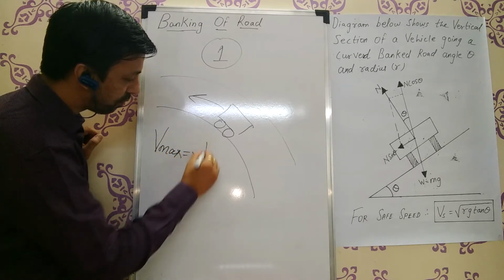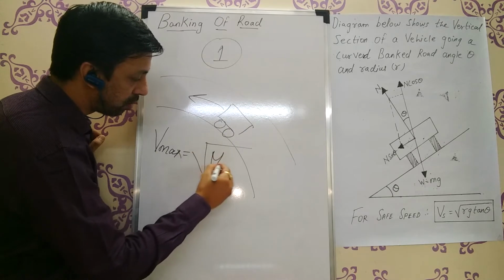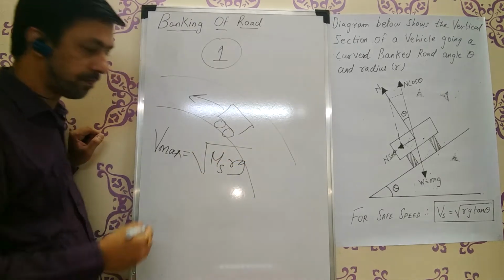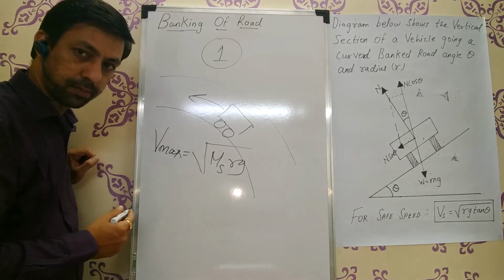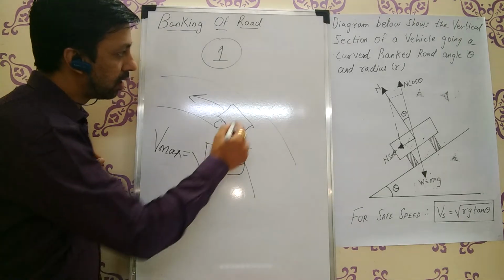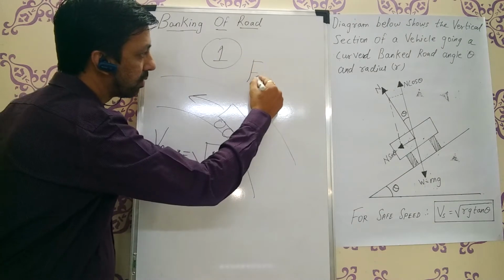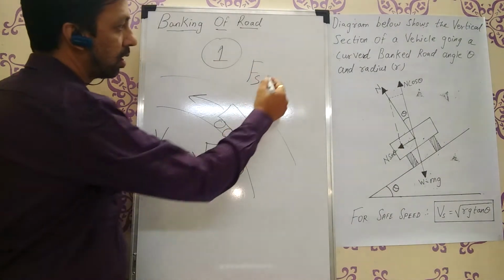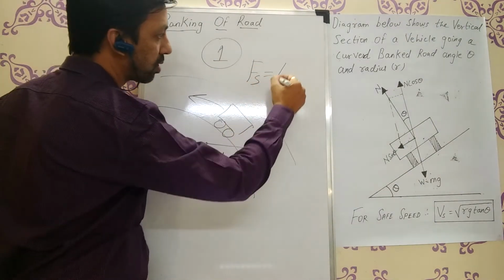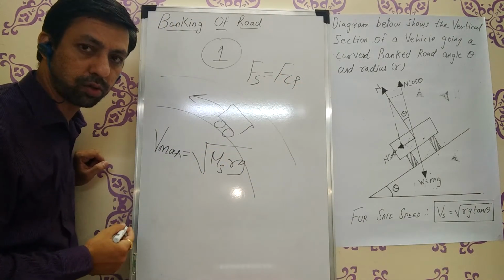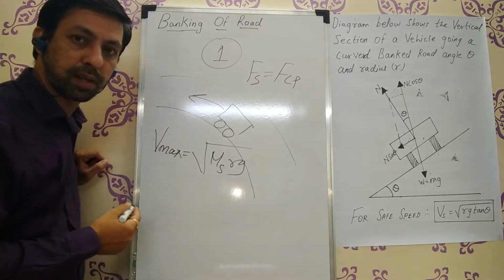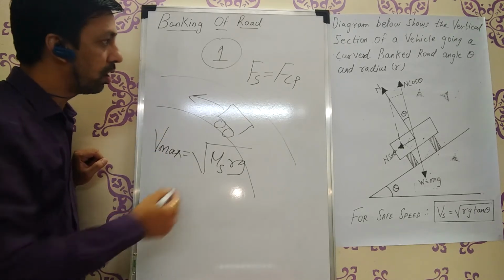The expression we got is root of mu s rg. But in this derivation, we saw that the force of friction, that is Fs, is important because it is trying to balance with Fcp, that is the centripetal force. That means Fs is trying to balance with the centripetal force.